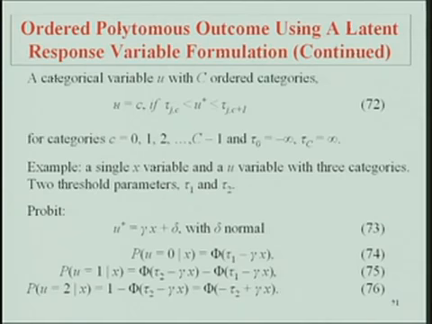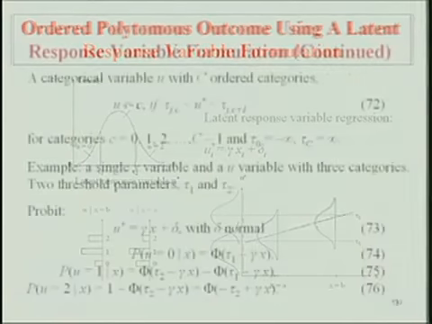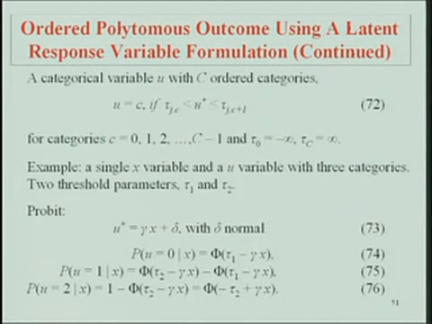The probability U equals 0 is the probability of being below the lowest threshold. That's the distribution function concept that we talked about. The probability of being below a threshold is, in this case, since delta is normal, the normal distribution function. So we're in a probit framework here.